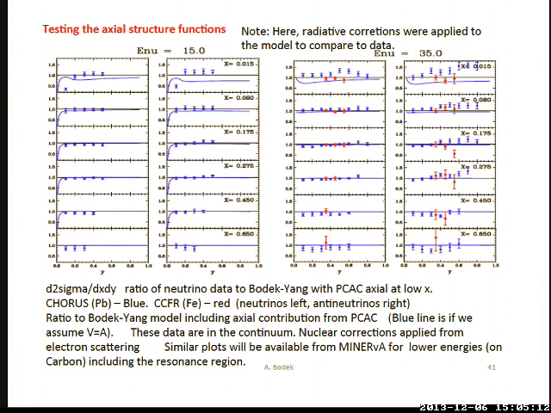So this is not really proof, and you're not going to use this to measure the axial form factor. I mean, it'd be nice if we had much better data at low energy, but we are pushing 35 GeV. It's not that low, but this is all we have. So it seems to work. When it comes to the neutrino data, since it's all at high Q squared, it's supposed to work. They are PDFs.